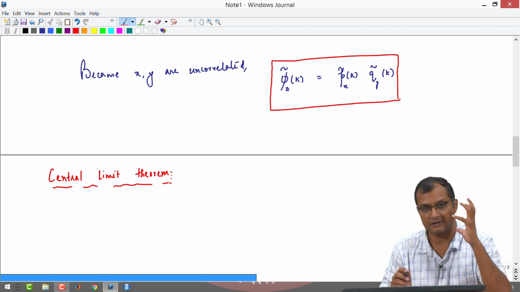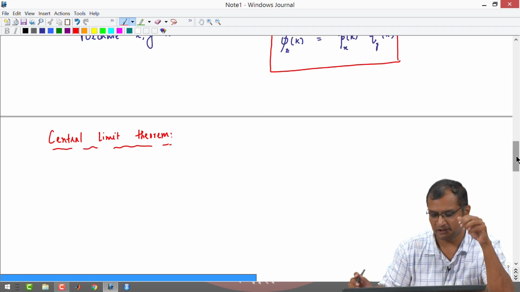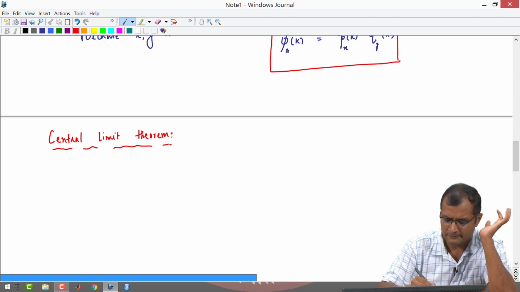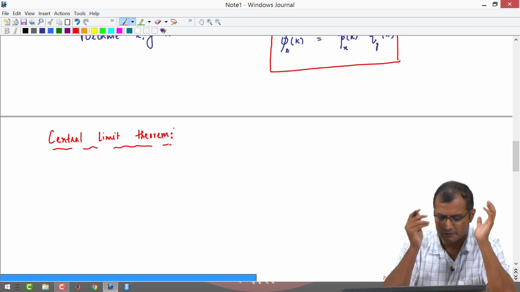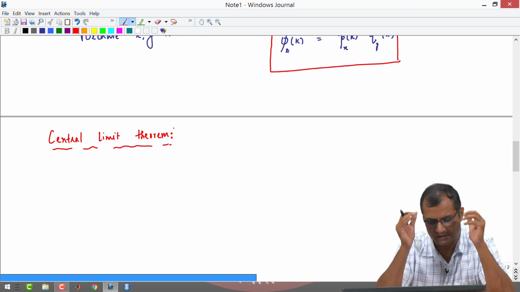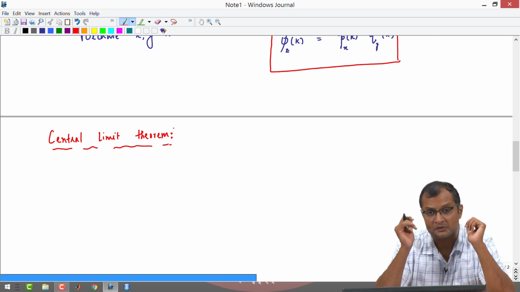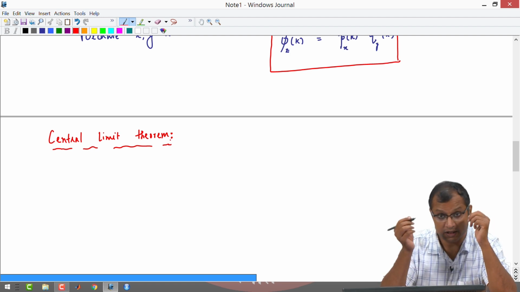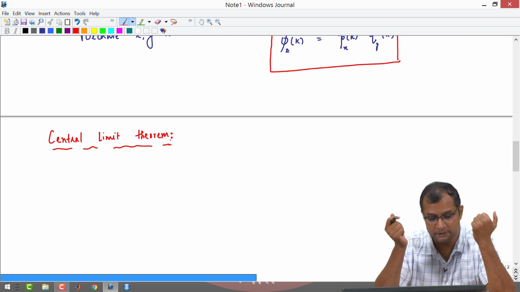Central limit theorem is a beautiful theorem, and we will come back to it many times in this course. That is the reason why I want to discuss this theorem and give it the sufficient amount of time that it truly deserves, because we will be coming back to it in the next few chapters repeatedly.